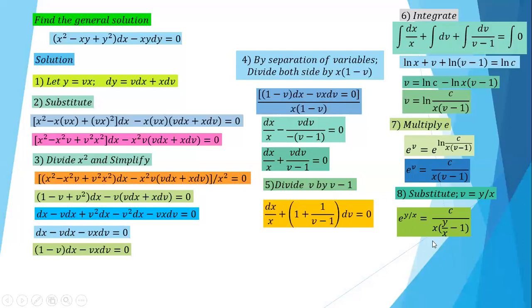So simplifying the denominator and cross multiply, we have now y minus x times e to the power of y over x equals c, which will be our final answer.